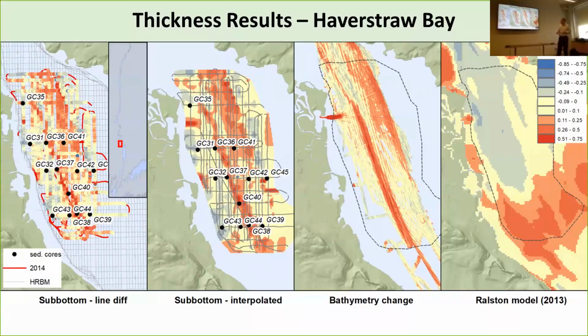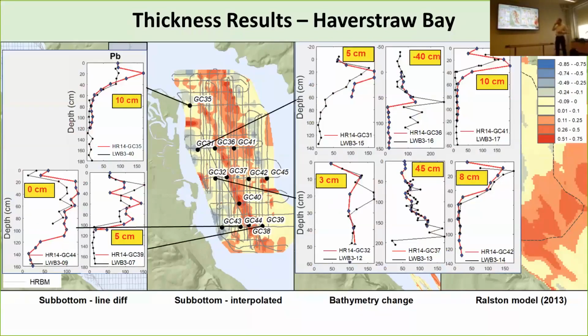We can compare this with the cores. So that shows a series of cores. Positive numbers is deposition, like of 10 centimeters.